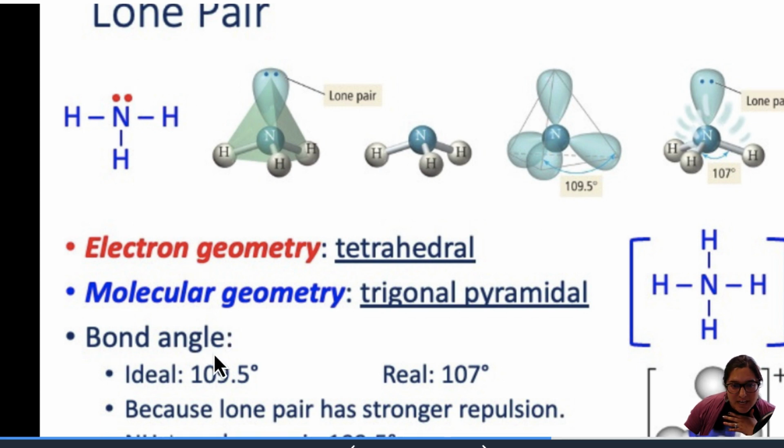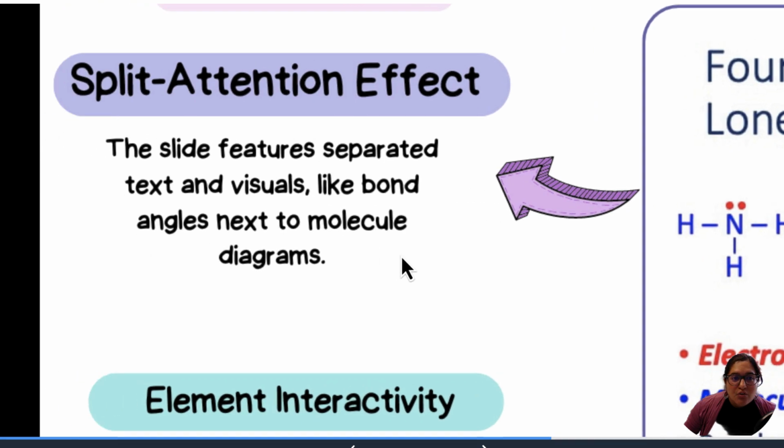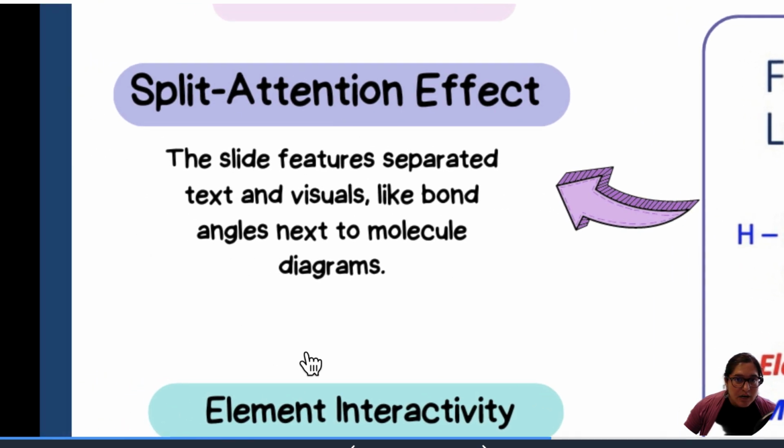How does this text connect with any of these images? Which one is relevant and which one is connected? So we may want to reorganize the information in order to not cause this split attention.